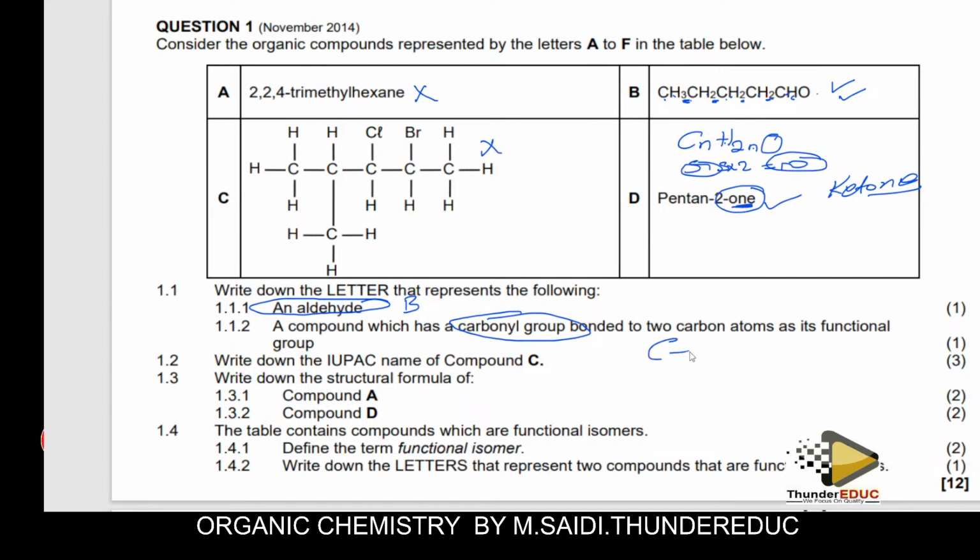So they're saying that you have the carbon atom, the carbonyl group is this, but it is bonded to one carbon atom and another carbon atom. You understand? That's what they are looking at. So the answer becomes D.